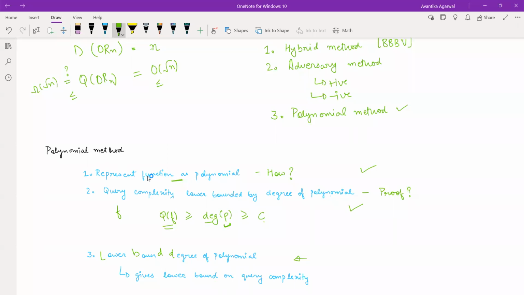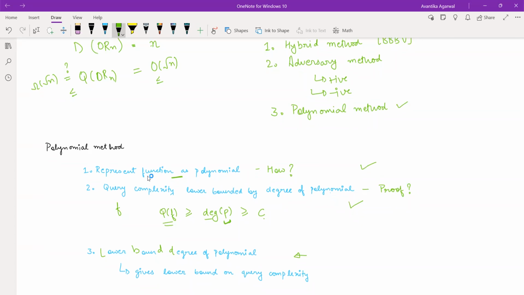I'll be talking about these two parts first and then just give an example for the third part. So I hope the broad plan is clear. I'll first represent a function as a polynomial. Then I'll show that the query complexity of that function is lower bounded by the degree of this polynomial. And then I will lower bound the degree of the polynomial itself.